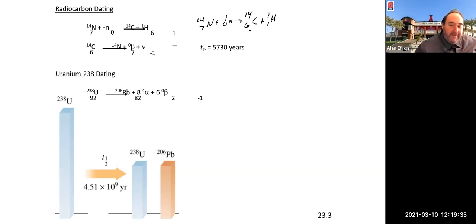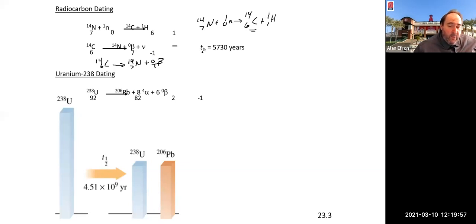So again, we're using radiocarbon dating here to figure out how old something is by looking at how much carbon 12, for example, is left over. Same thing here: this would be carbon 14 going through that decay process.